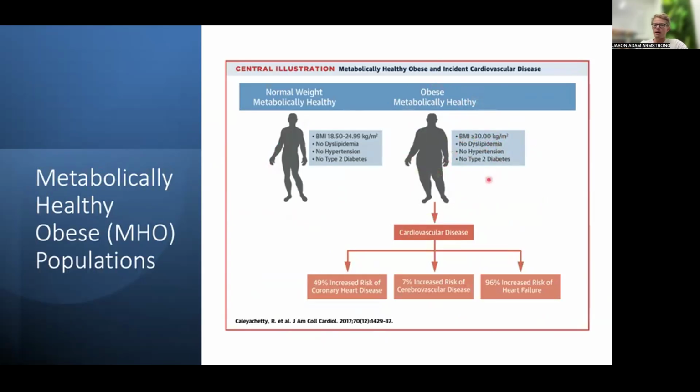When we examine a metabolically healthy obese population, and we compare them to a normal weight metabolically healthy population, we do still see an increased risk of cardiovascular disease. So 49% increased risk of coronary heart disease, 7% increased risk of stroke or cerebrovascular disease, and a 90% increased risk of heart failure. So even if you're metabolically healthy, being obese still carries risks.